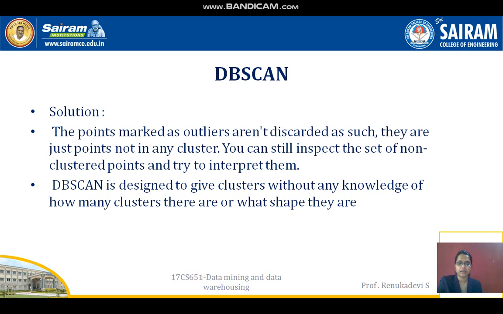Now the solution is that the points marked as outliers are not discarded as such. They are just points not in any cluster. You can still inspect the set of non-clustered points and try to interpret them. DBSCAN is designed to give clusters without any knowledge of how many clusters there are or what shape they are. The next concept that we'll be discussing is cluster evaluation and density-based evaluation.